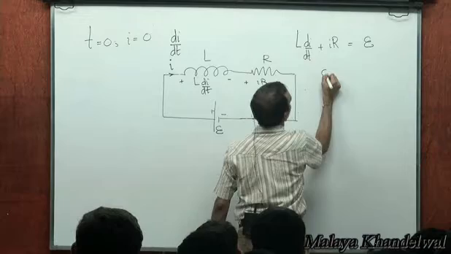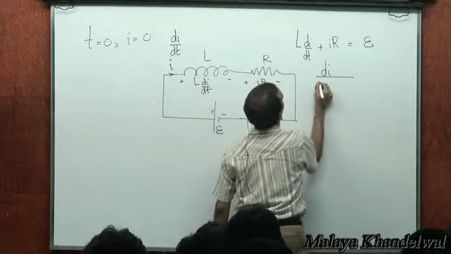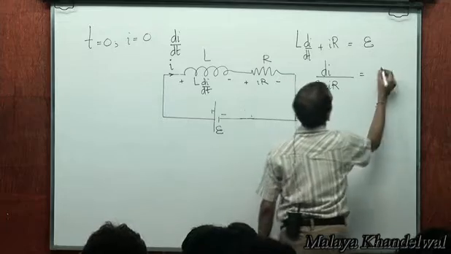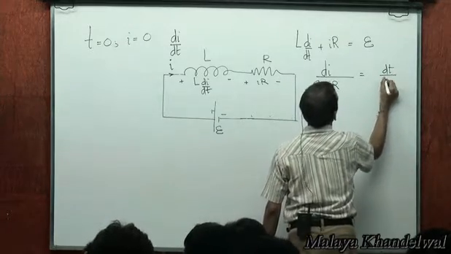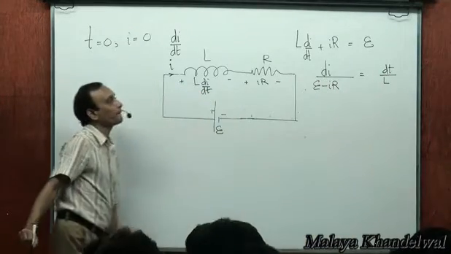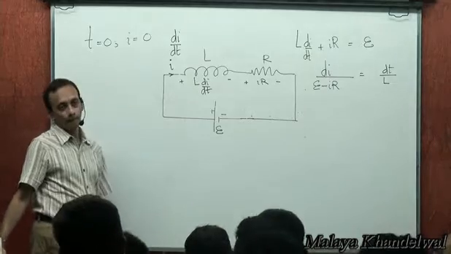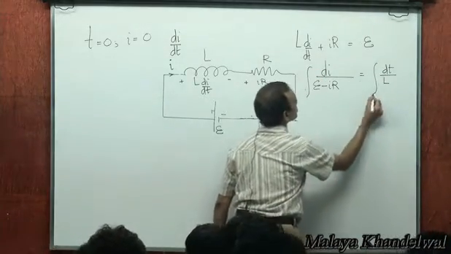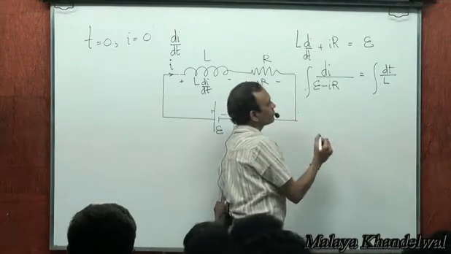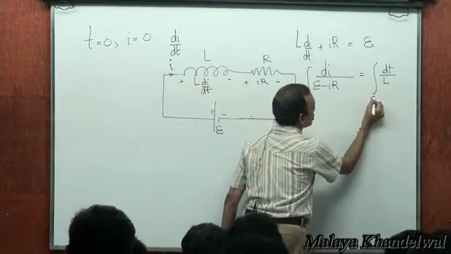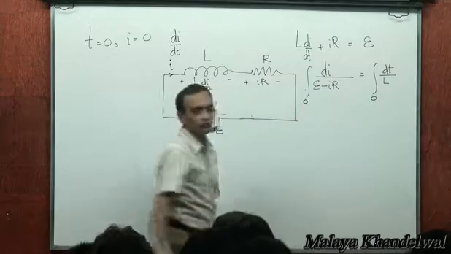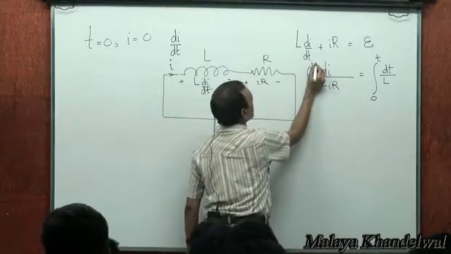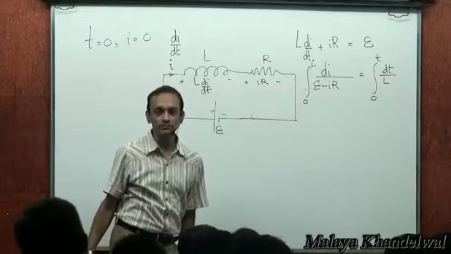So now I get di divided by (epsilon minus IR) equals dt by L. Let me integrate both sides. At time t equal to 0, I was 0. At time t equal to t, say I became I. So this will give me I as a function of time.